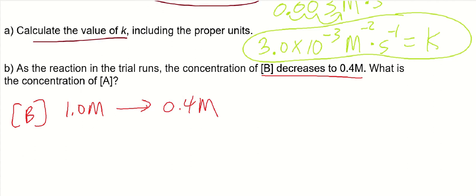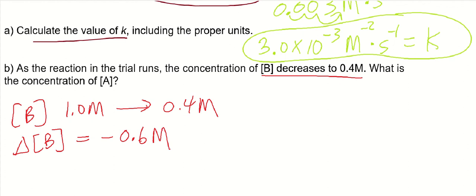So what is the change in the concentration of B? Let's figure that out. Well, final minus initial, that's going to be -0.6. It decreased by -0.6 moles per liter.